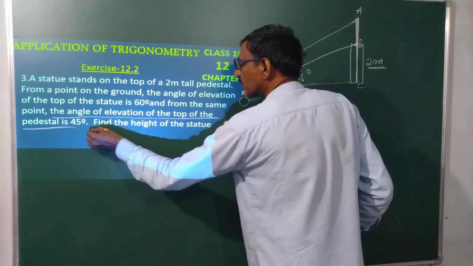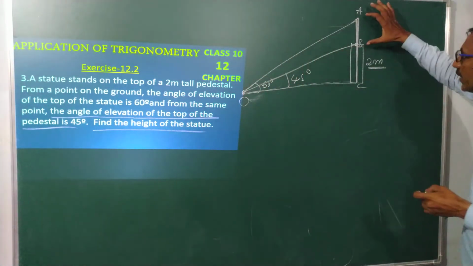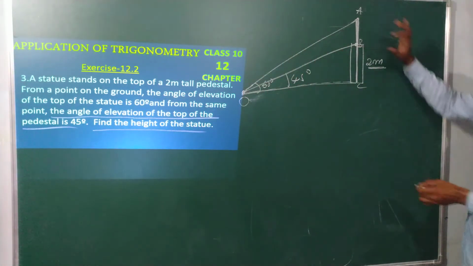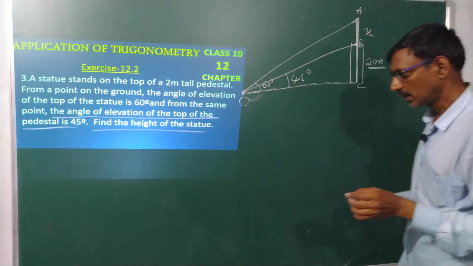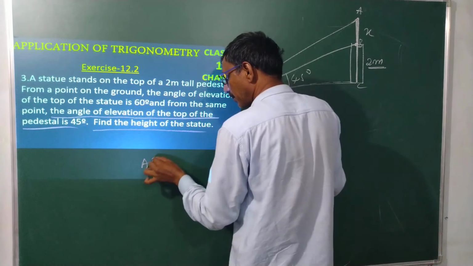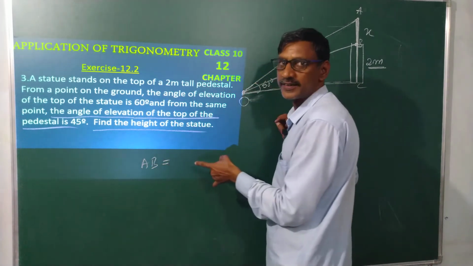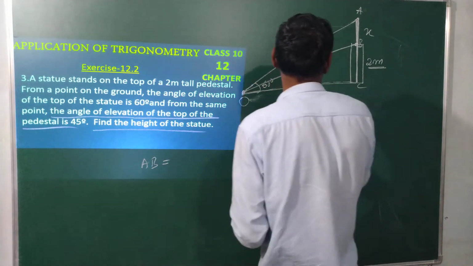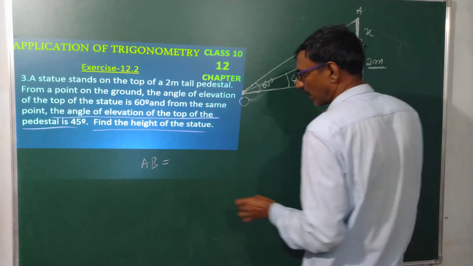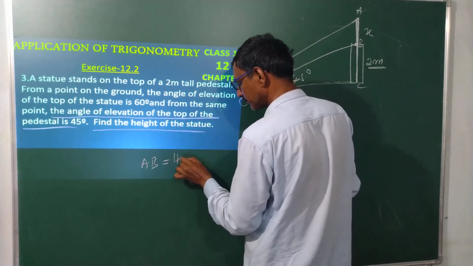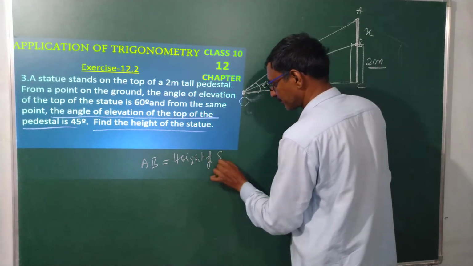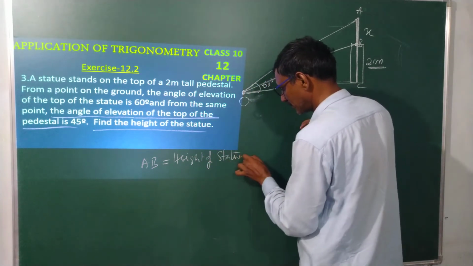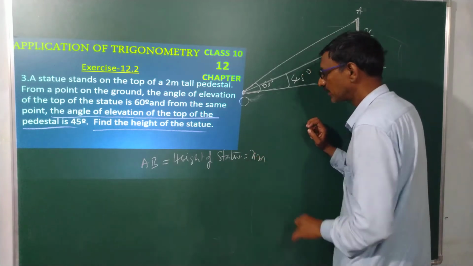Find the height of the statue. That means we need to find AB. AB is nothing but the height of the statue, say some x meters.